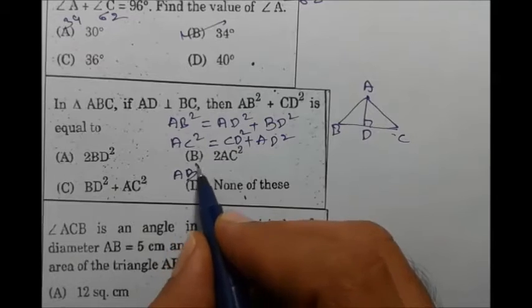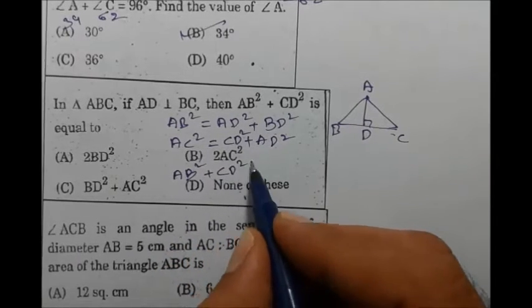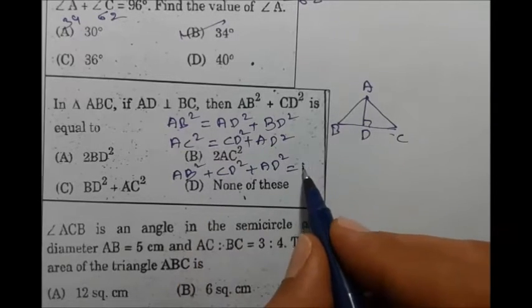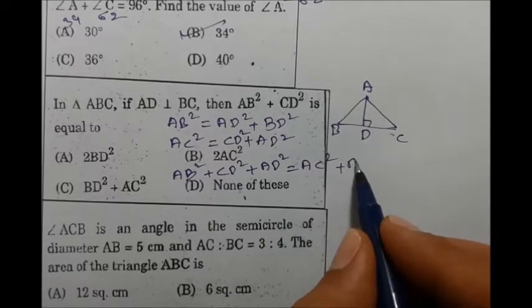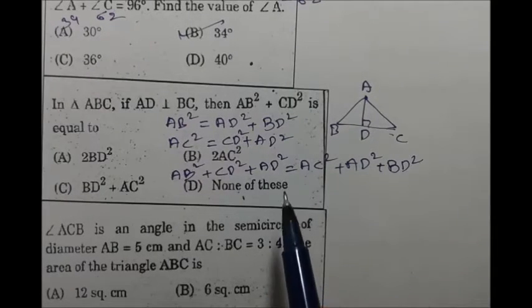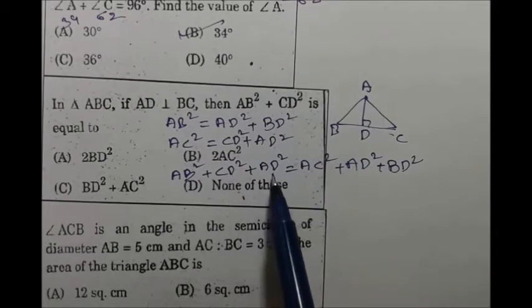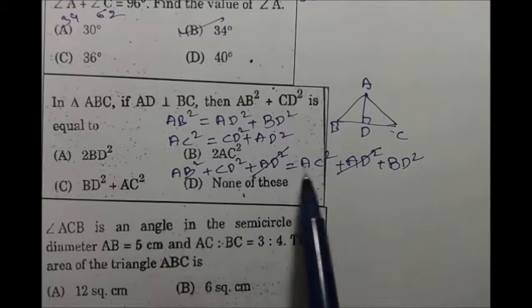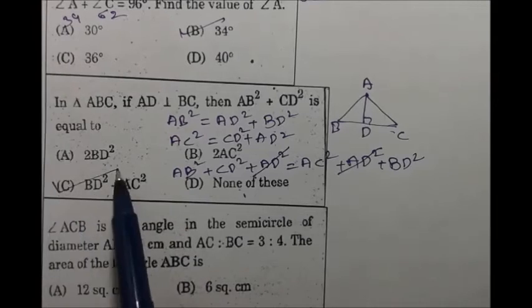That is AB square plus CD square plus AD square is equal to AC square plus AD square plus BD square. AD is common on both sides, so I will cancel them out. AB square plus CD square is AC square plus BD square, which is option C.